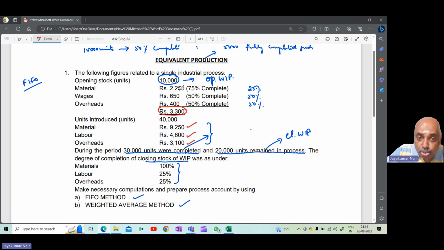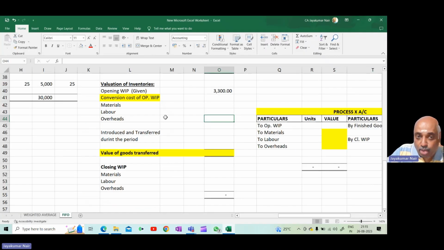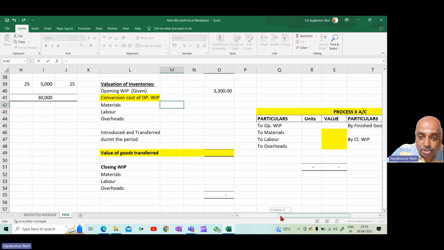Right now, during this particular period, you have to find out what is the cost that you have incurred. That is converting this partly finished goods into fully finished goods. You understand what are the costs that you're incurring. So first one is material. What is its equivalent production?